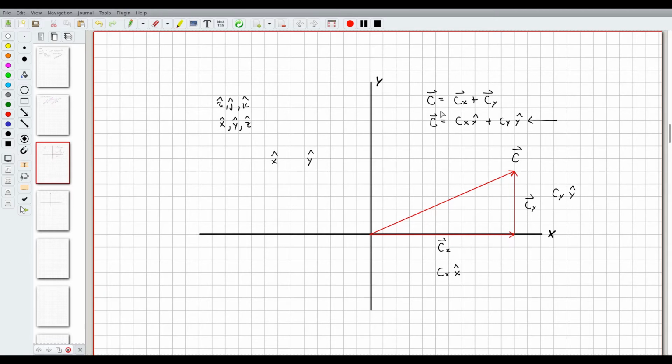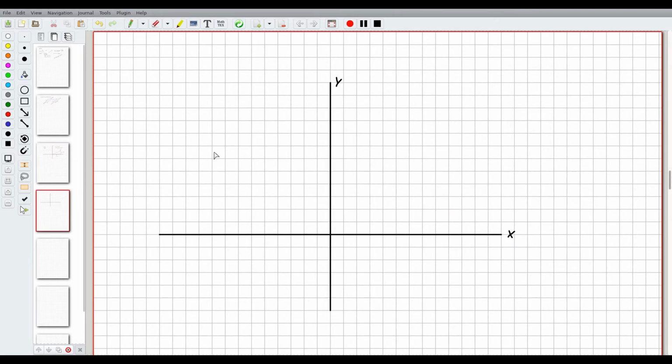All right, so let's do an example. Let's get us a little arrow here. Actually, let me stick with black. So here's another vector right here. I'm going to call this one A. Now, we've drawn this thing with respect to a coordinate system, which means that we can talk about its pieces.